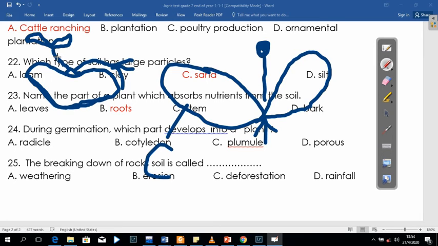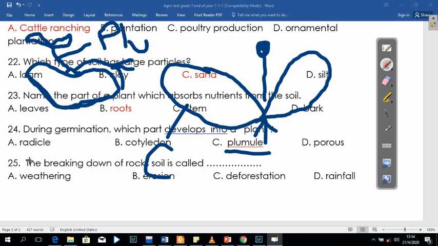So this part is what we call the plumule, right? Yes, the plumule. Yeah, that's the plumule, right? And the one which grows down and develops these roots is the radicle.